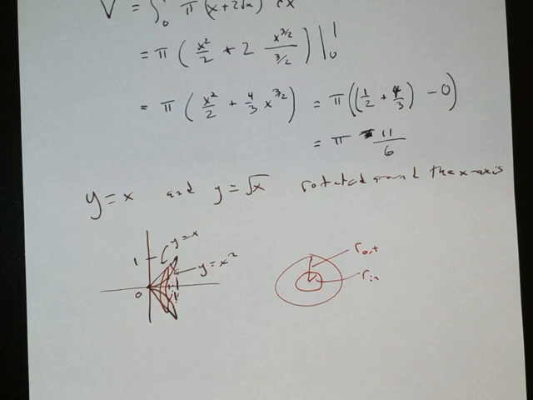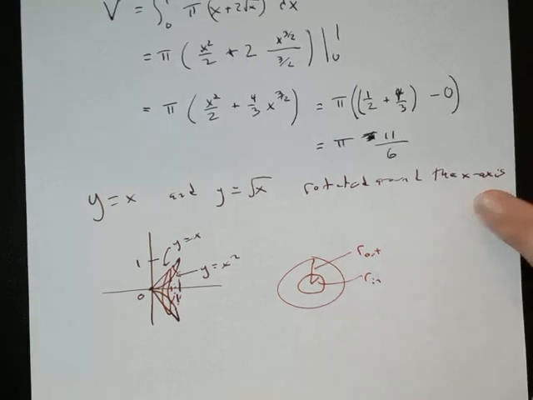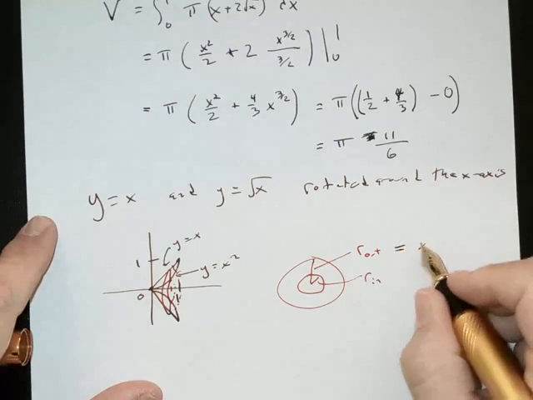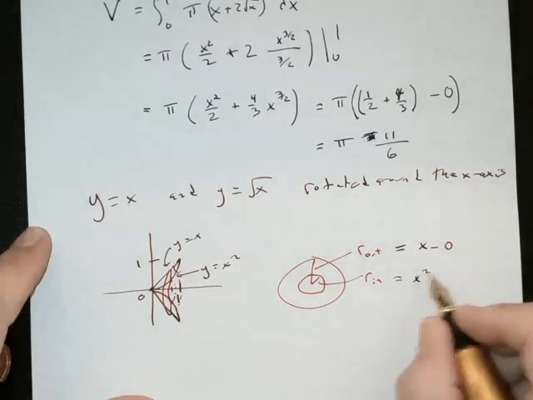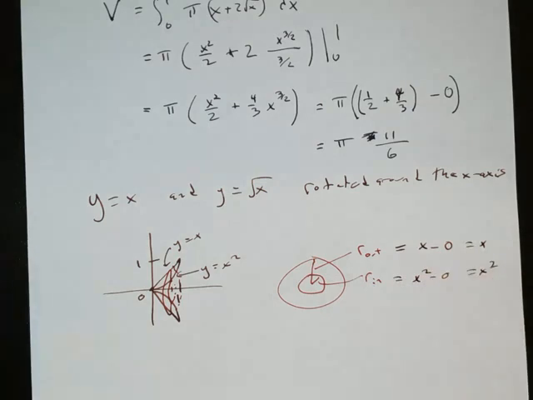Yes, it's the top part. Where are we rotating around? We're rotating around the x-axis. And the y value for the x-axis is? 0. So the outer radius is just x. What's the inner radius? Ta-da!